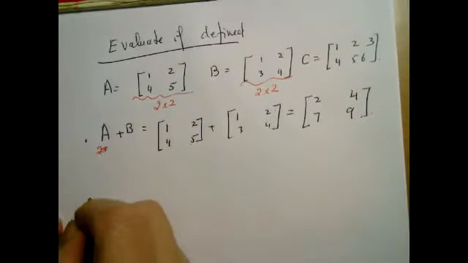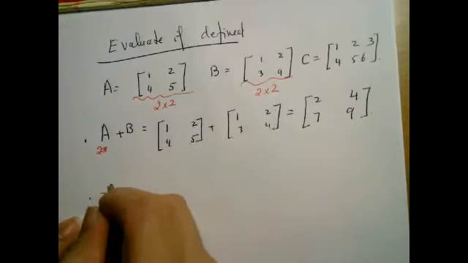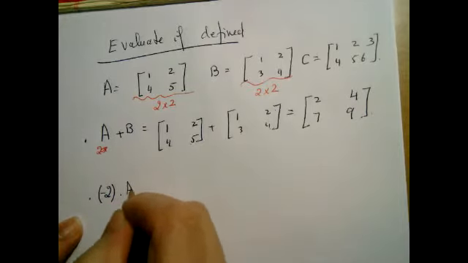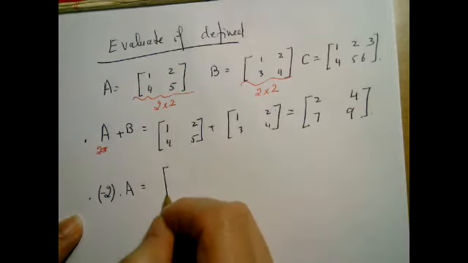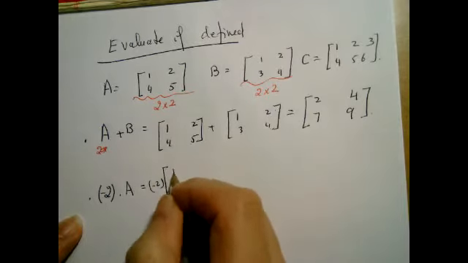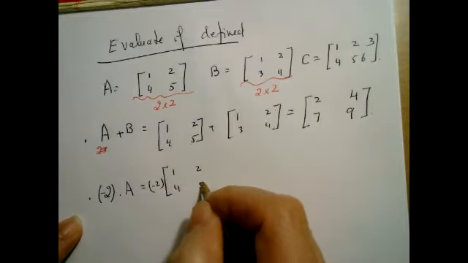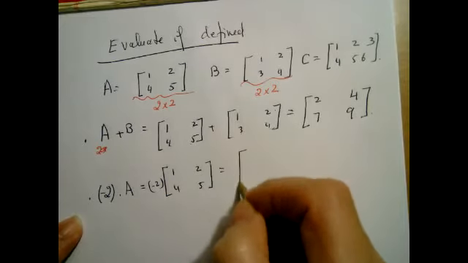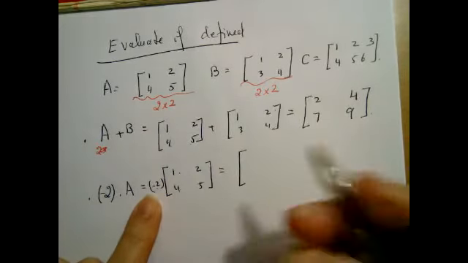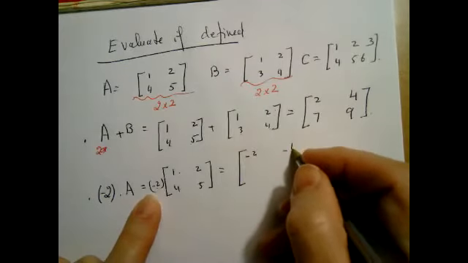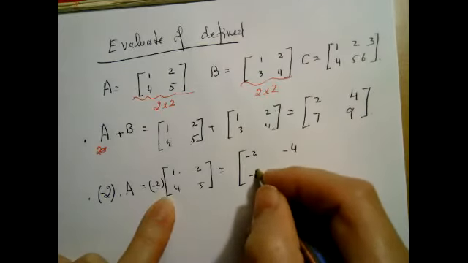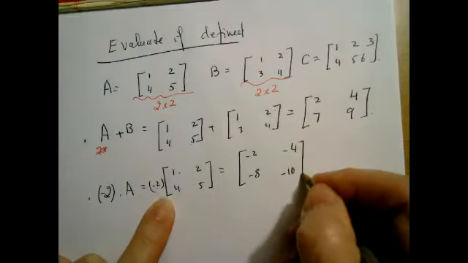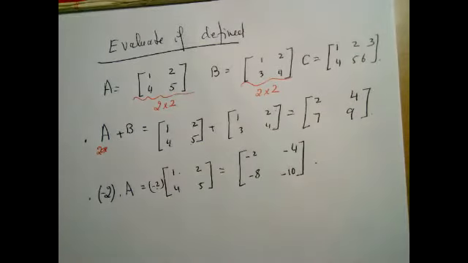Now scaling them, suppose I take minus 2 times A. It means multiply every entry by the scalar. It means every entry: minus 2, minus 4, minus 8, minus 10. So we can always scale a matrix. There is no restriction on that.